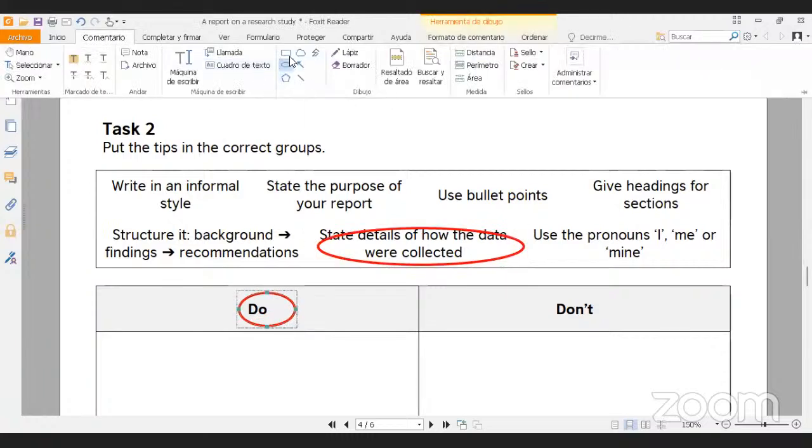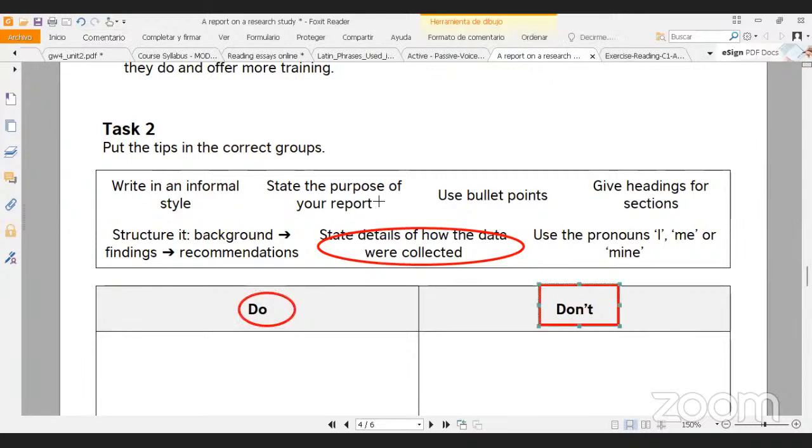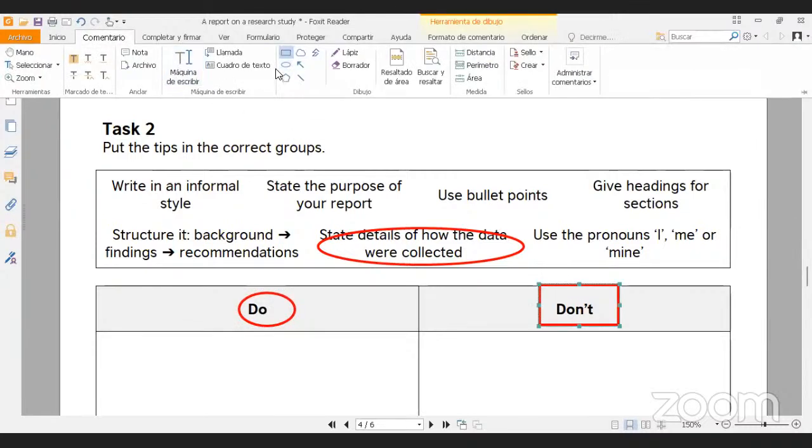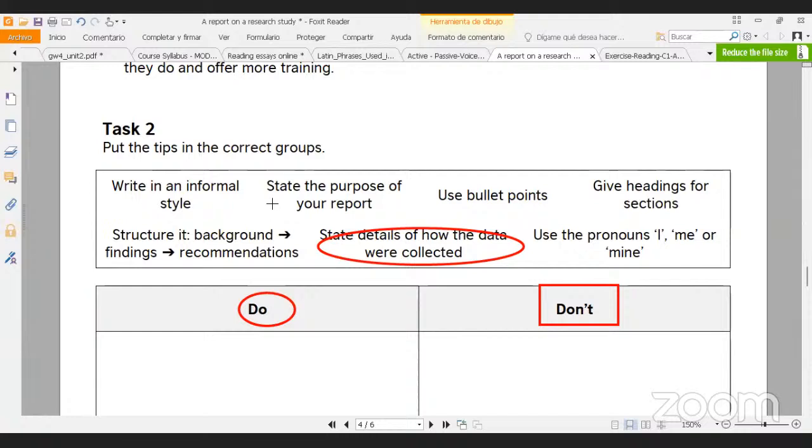Give headings for sections. Okay, what else? Structure background. I'm sorry, I could not hear you.